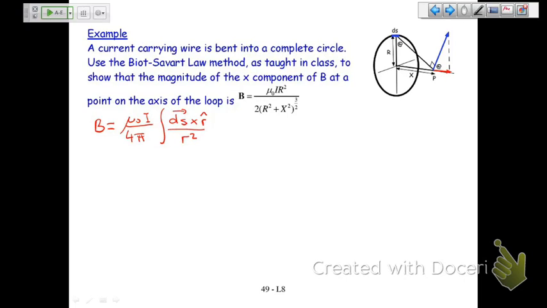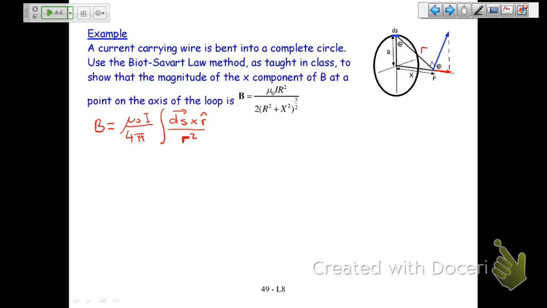Even for this, if you think about it, the little r is not the same as big R. Big R is from my ds element to the axis, and little r is from my ds element to the point of interest.